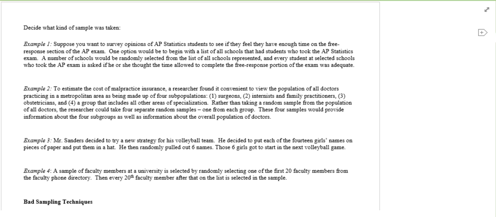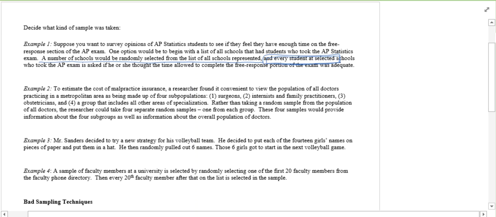Okay, so yes, there's going to be a lot of reading in this one, so we have to figure out the key things. A number of schools would be randomly selected from the list of all schools represented. So we randomly select, then what happens? Because we're doing another step. Then every student at the selected school who took the AP exam would be asked.